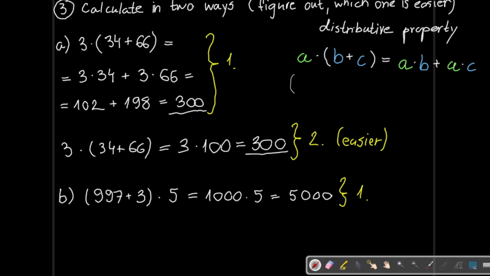So we can technically write b plus c first, and then times a, and that gives us b times a plus c times a.